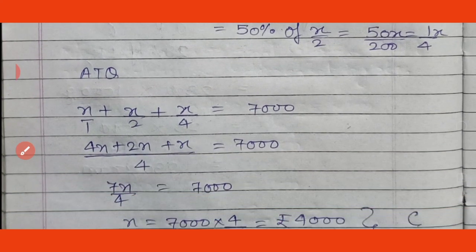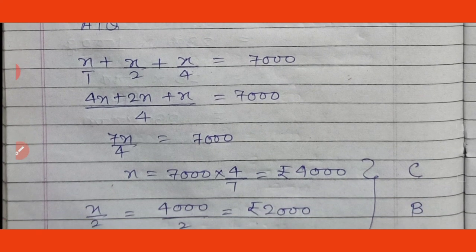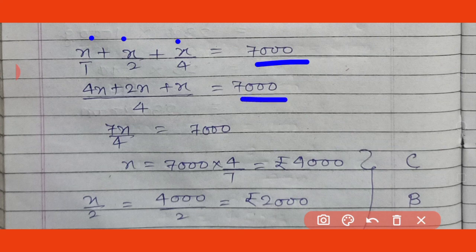Whenever we add all three portions, it will be equal to 7,000. So we write the portion of C, portion of B, and portion of A equal to 7,000 rupees. Fractionally we add: 4x plus 2x plus x upon 4 is equal to 7,000.